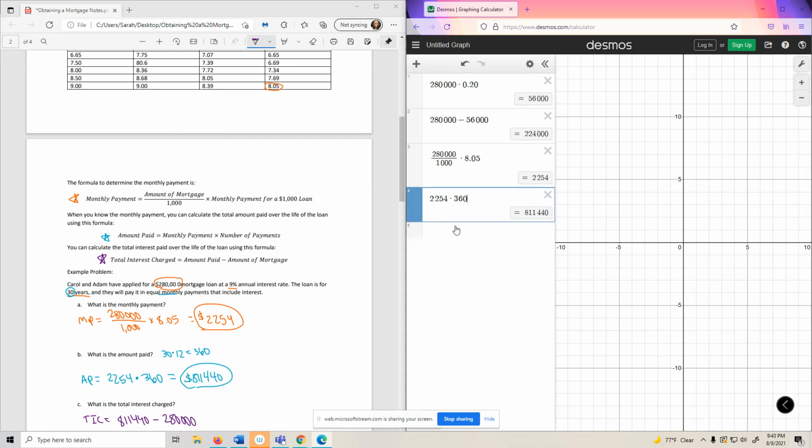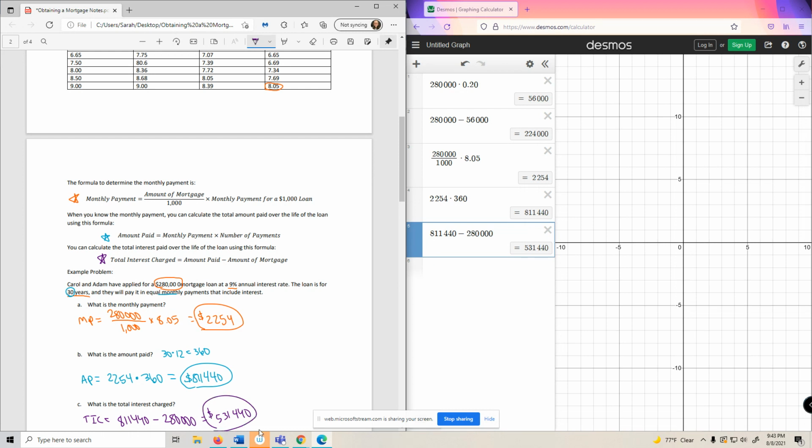So let's use Desmos to help us with that. And we get $531,440. And so that is a lot to pay in interest, but they have been taking 30 years to pay for this, and 9% annual interest rate is very high.